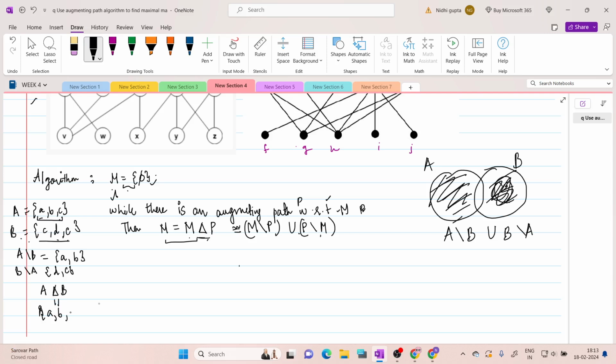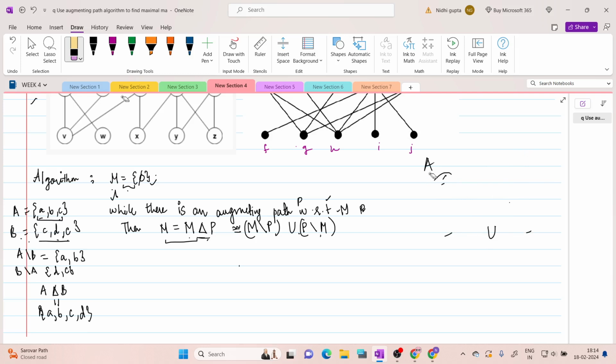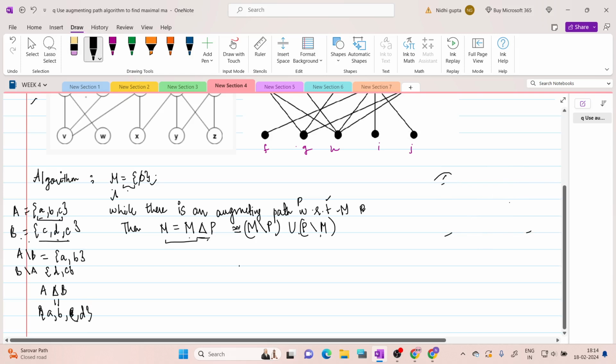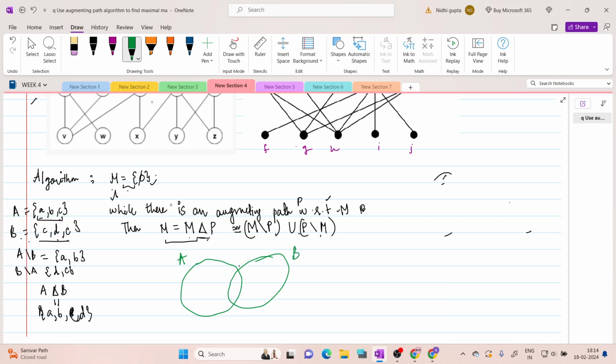ABDE. So in a way, if I'm doing it with a Venn diagram, this is A, this is B. Then A minus B is all the things which are in A but not in B, so basically this minus the intersection.